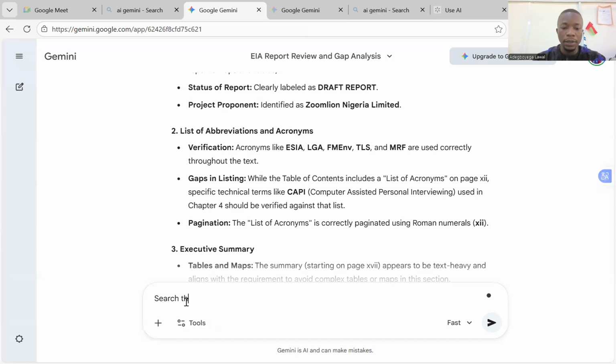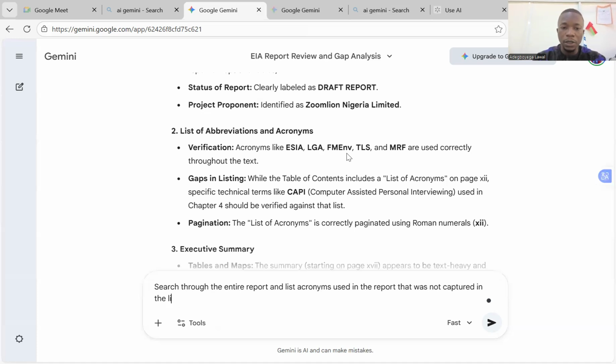through the entire report and list acronyms used in the report that were not captured in the list of acronyms, and those captured in the list of acronyms but not used in the entire report.